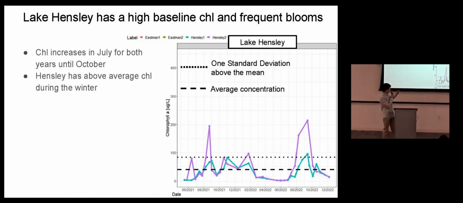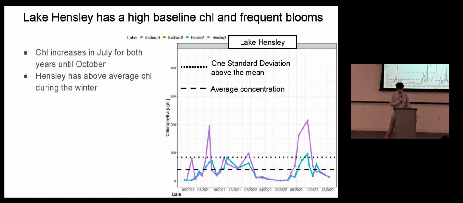We can put those two lakes together side-by-side, and we can see overall both lakes have similar average biomass, but very different bloom dynamics. The dashed lines for both are pretty similar to each other, but the standard deviation at Lake Eastman, the dotted line, is almost double the standard deviation at Lake Hensley.